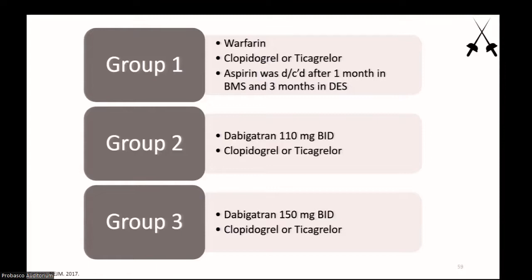Group 2 was a dose of dabigatran we don't see in the US, and I think this trial was done in Japan, and they basically included this because if you're an elderly patient, meaning greater than 80 or 70 years old in Japan, it's recommended that you take 110 milligram BID dose for AFib. So that's why they included this dosing strategy. And then group 3 was the traditional dabigatran 150 milligrams BID dose and either clopidogrel or ticagrelor. And the study had a mean follow-up of 14 months.